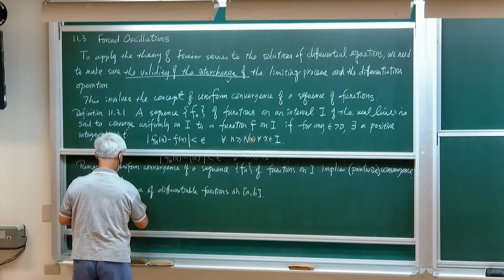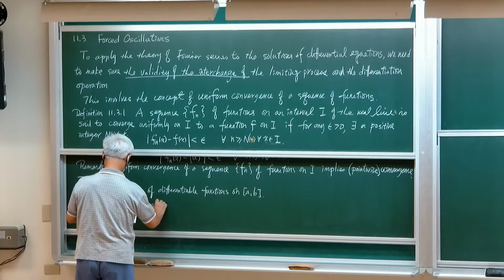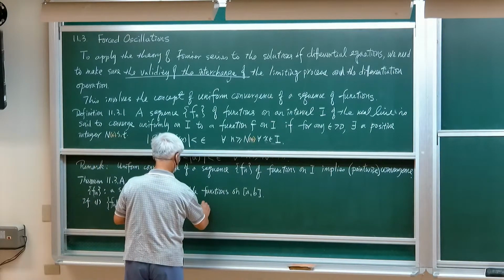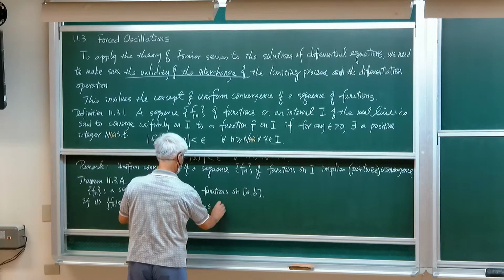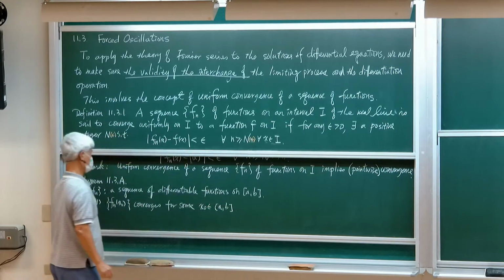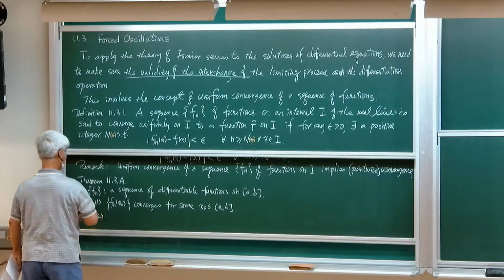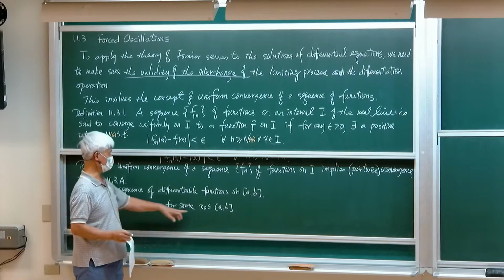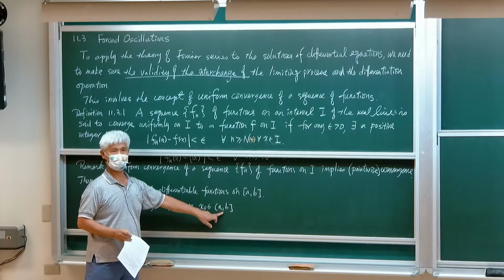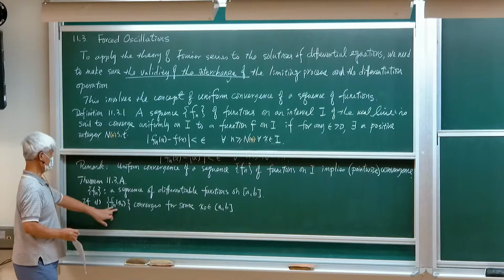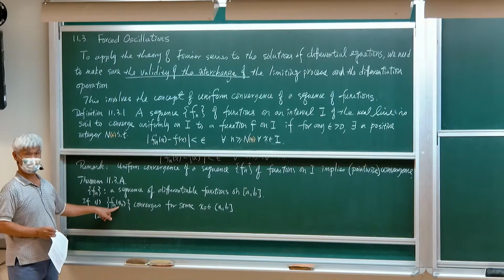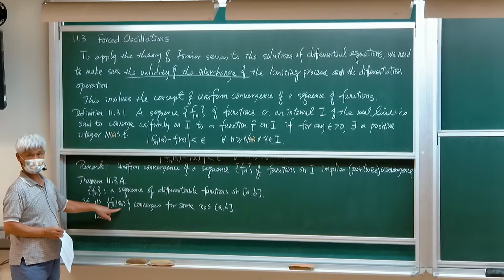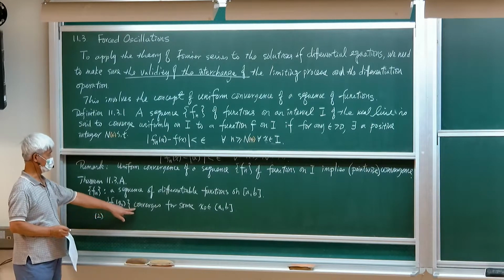So suppose this sequence converges for some point x0 in AB. So the first condition is that we can find a point x0 in this finite closed interval such that this sequence of function values, a sequence of numbers, converges.